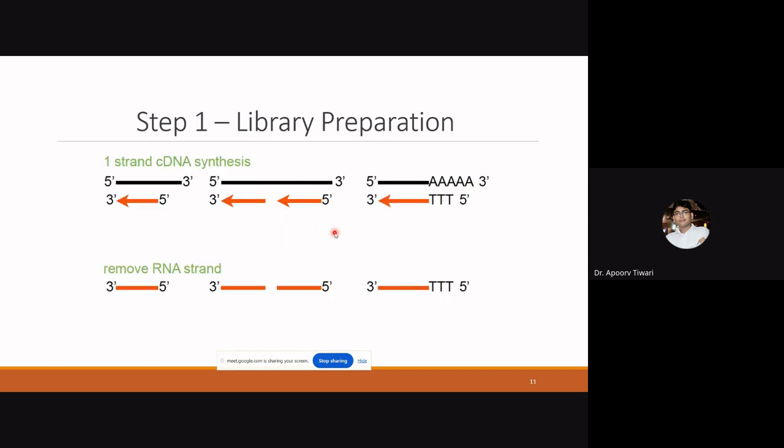After fragmentation, we reverse transcribe it and convert it into cDNA, because we use cDNA for stability reasons, and remove the RNA strand.